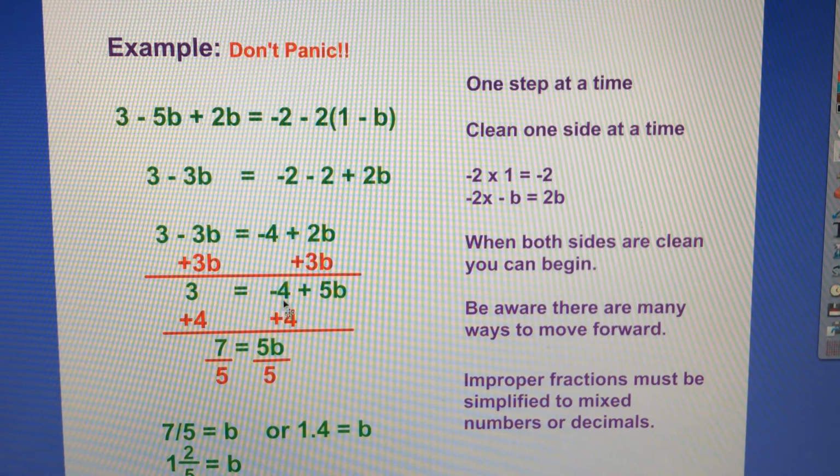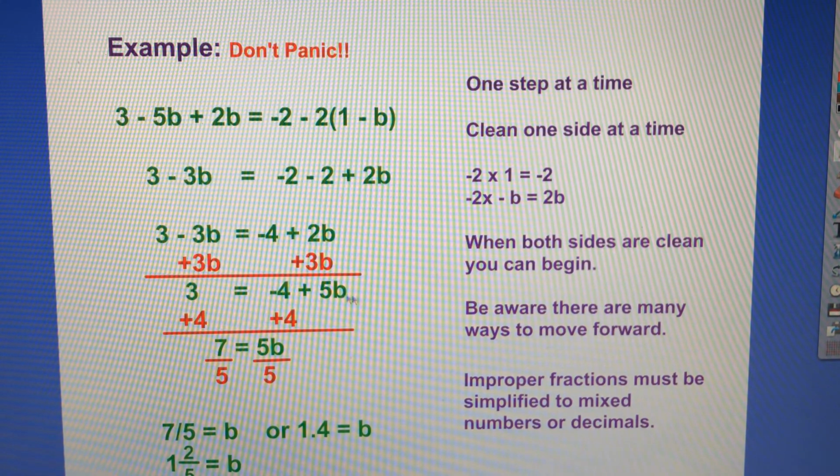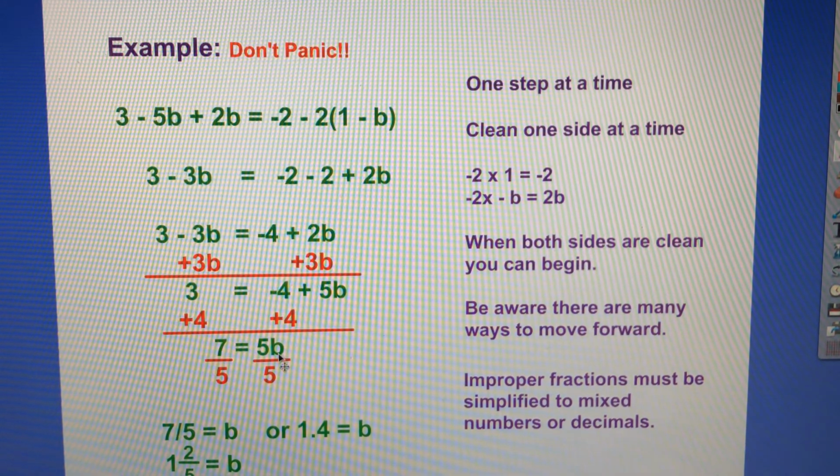Now I need to move that negative 4 to the left because now b is on the right, and it needs to live alone. Add 4 to both sides. 7 equals 5b. b still needs to live alone.